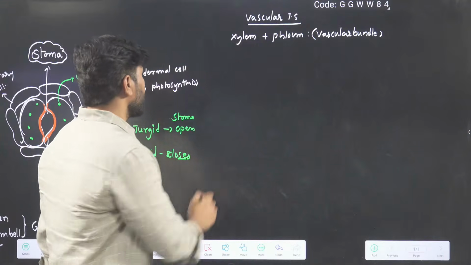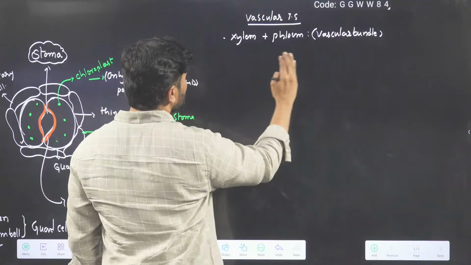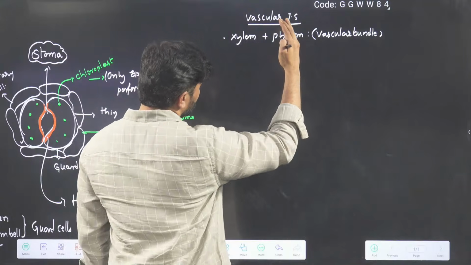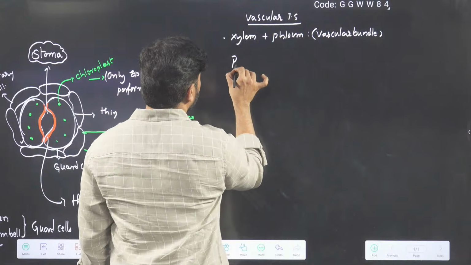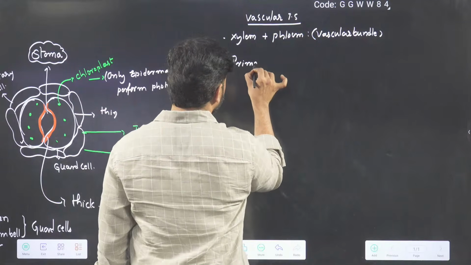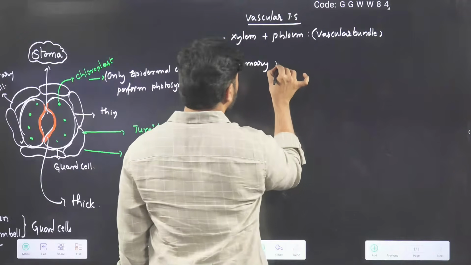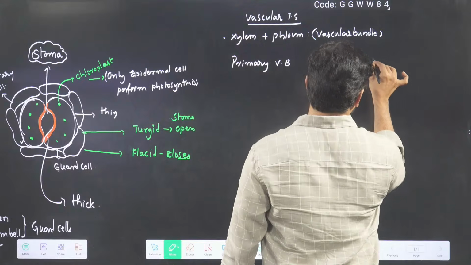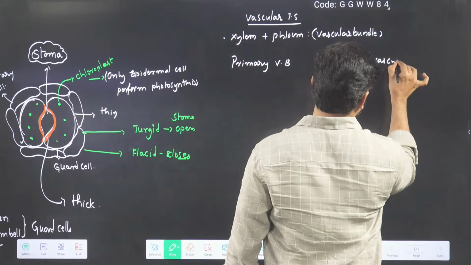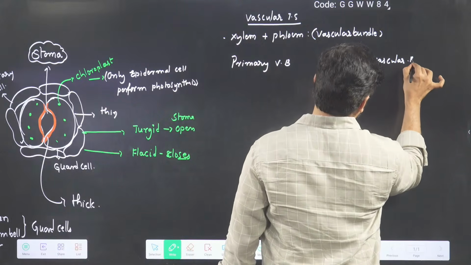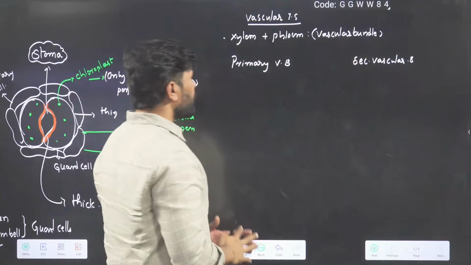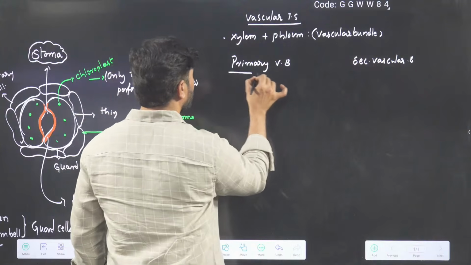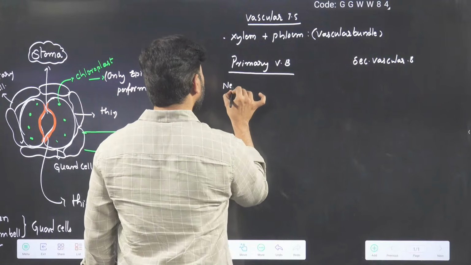In that case, I am talking about the arrangement of vascular bundles. Before that, first one, primary vascular bundles. Next one, secondary vascular bundles. Who are primary? Newly formed.